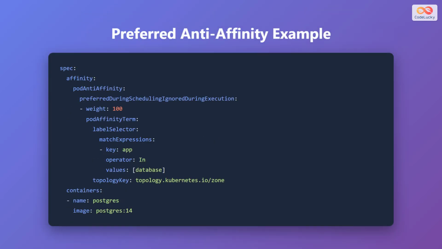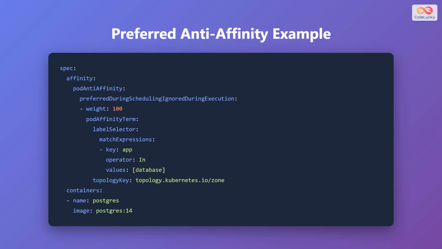Now let's examine a preferred anti-affinity example. Under the affinity block, we specify preferredDuringSchedulingIgnoredDuringExecution instead of required. With preferred rules, you must also provide a weight value, which ranges from 1 to 100. Higher weights give the rule more priority when the scheduler is making decisions. In this example, we use a weight of 100, making this rule highly preferred.